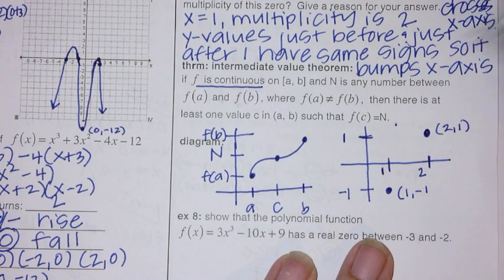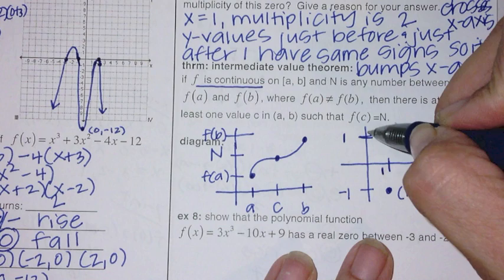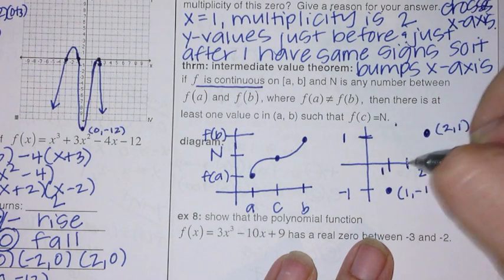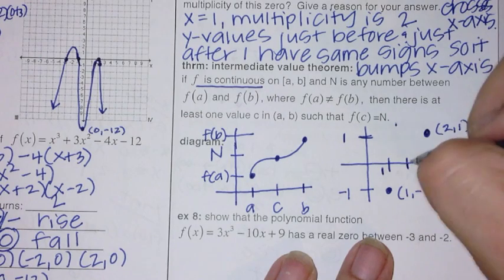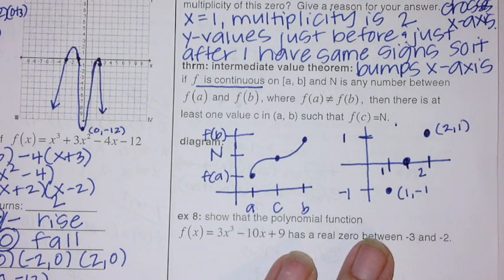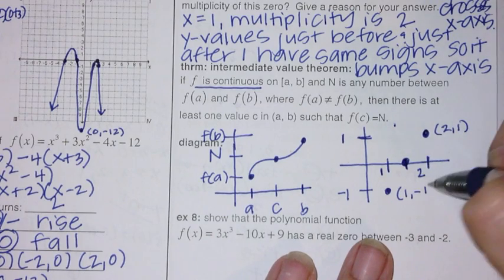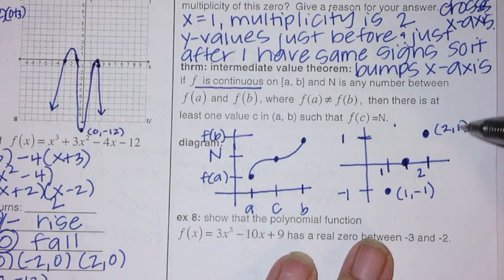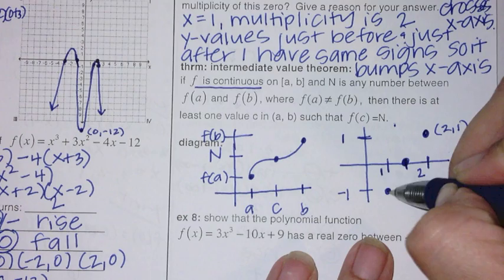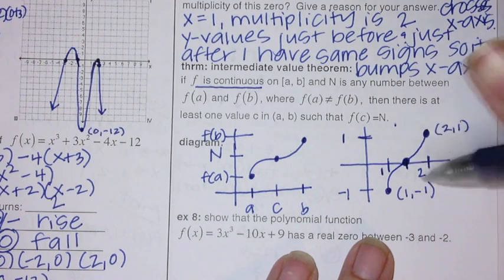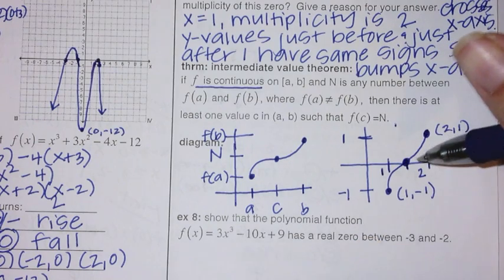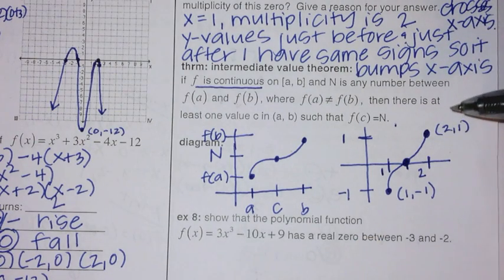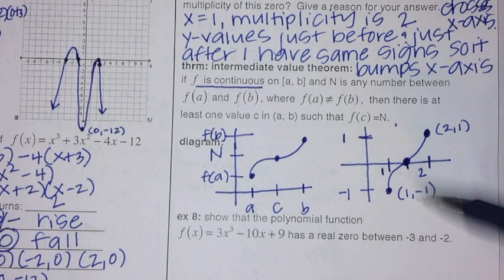Then at some point, somewhere between -1 and 1, it has an intermediate value, and in this case it had to be 0 because you went from a negative y value to a positive y value. So somewhere in between 1 and 2, this graph had to cross through the x-axis, or had to have a y value of 0. So it was the intermediate value. So the intermediate value in this case is 0.